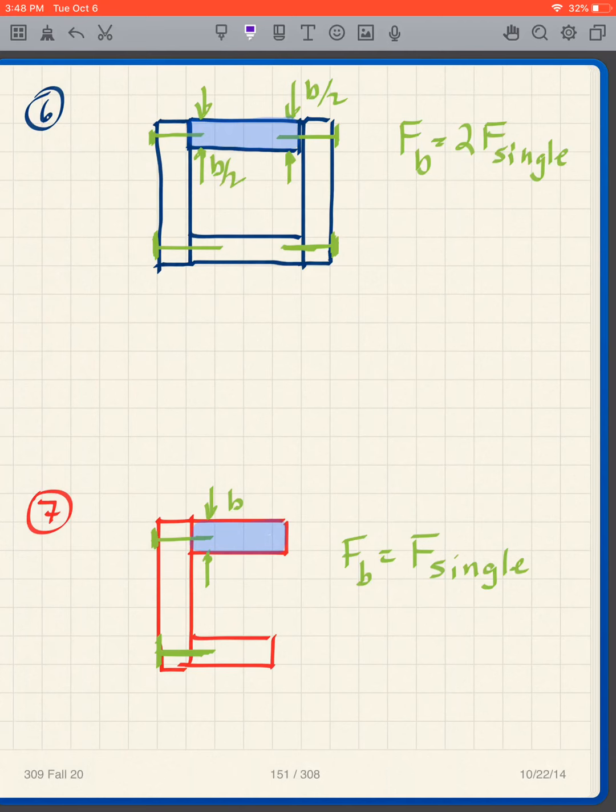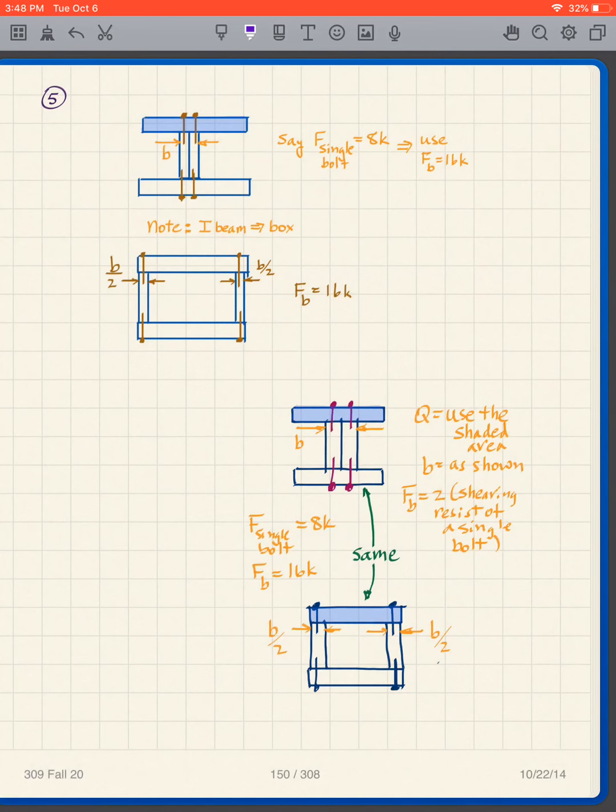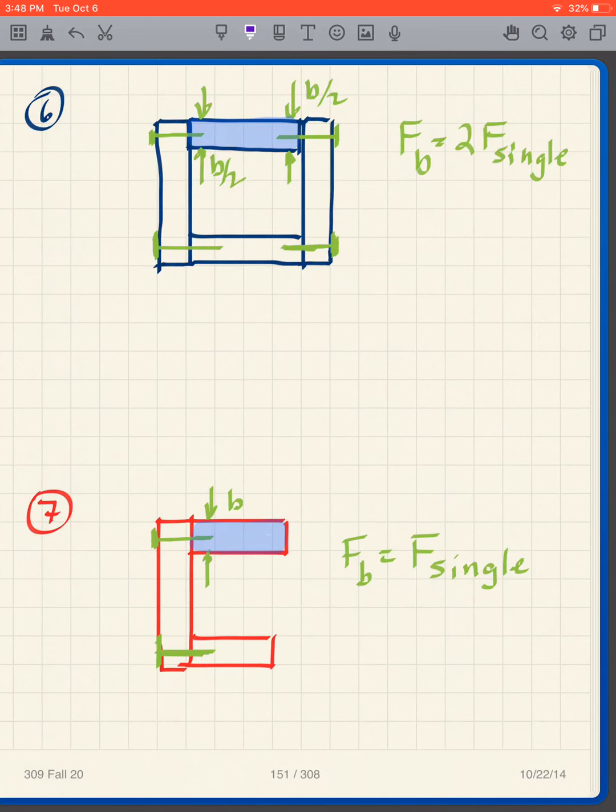Now what if we change the box? In other words, this box looks like that with the top and bottom flanges connected with vertical bolts.